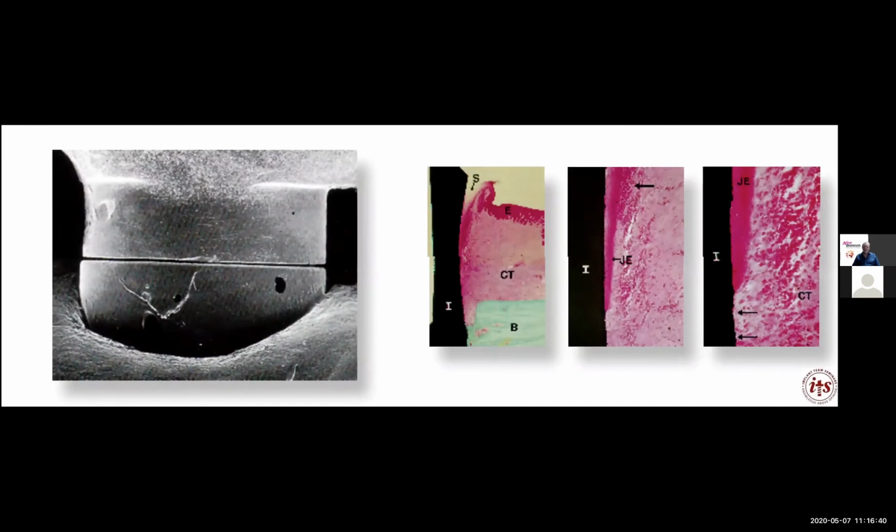To further compound the issue, as seen in this electron microscopic image, in the gap between an abutment and a flat top implant, there is always a space. No matter how we torque down the abutment to the flat top implant, there is always a gap.